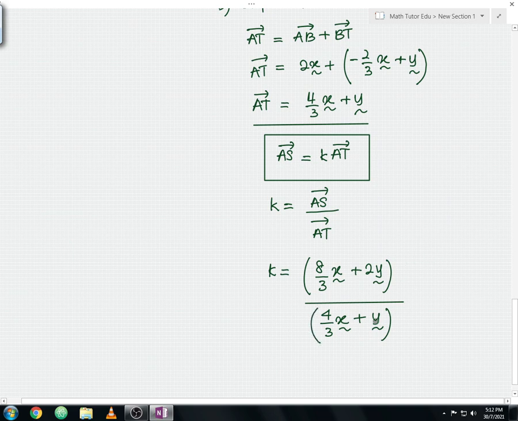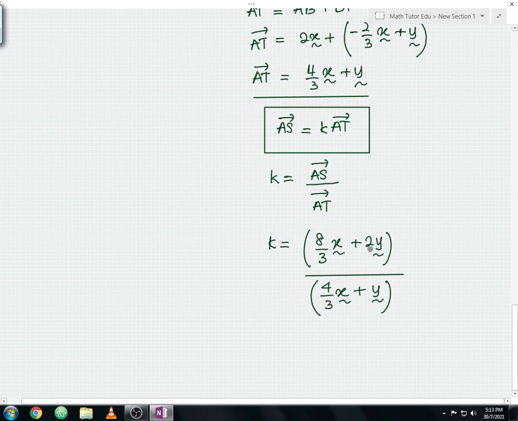As you can see here, in the numerator you can factor out the 2 so that the 4 over 3x plus y and 4 over 3x plus y can be cancelled off. As you can notice here, there is a relationship between the numerator and the denominator. So the numerator we're going to factor out the 2, so you're left with 2 times 4 over 3x plus y.